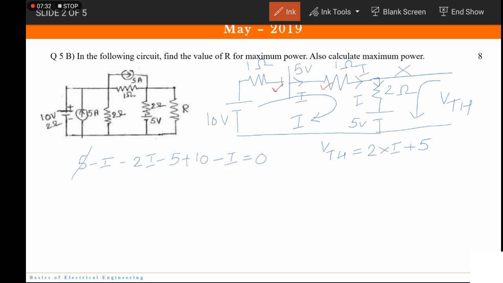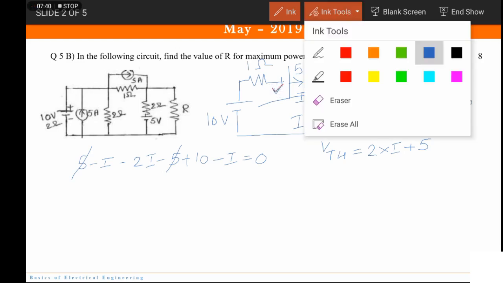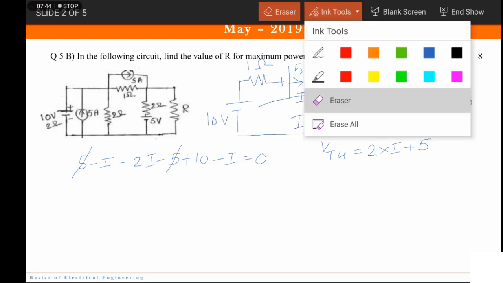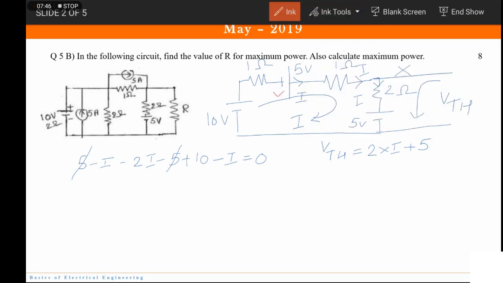Okay, so this 5 and this 5 get cancelled. So this is 5 minus I, minus 2I, minus 5, then plus 10 minus I. Okay, fine.